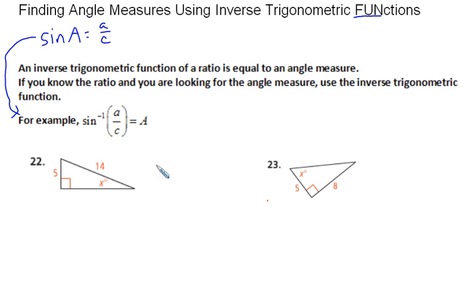Now, in the problems that I've chosen to work with you today, we have angle measure x, and we're given that this side is 5, which with respect to x would be the opposite side, and 14, of course, is the length of the hypotenuse.